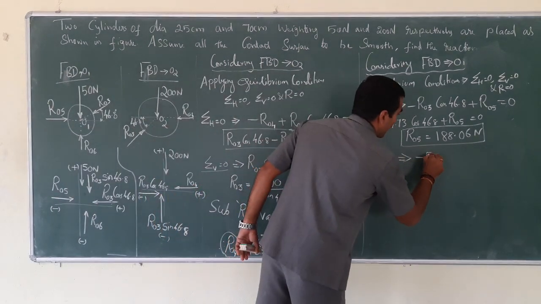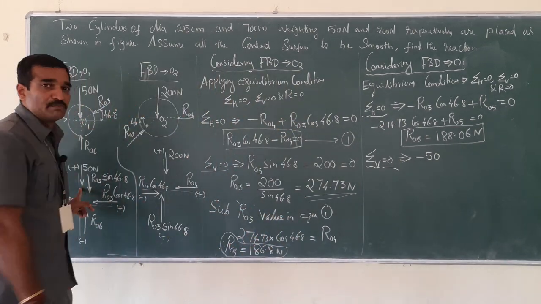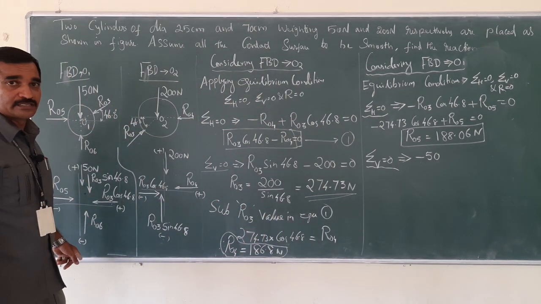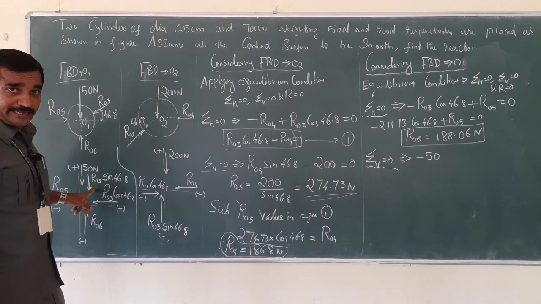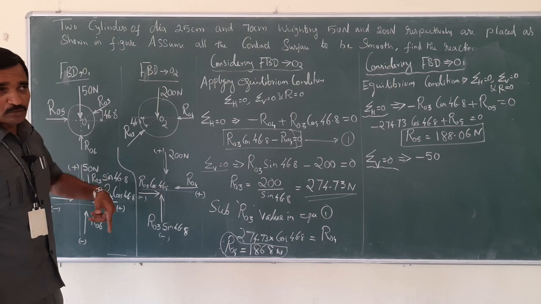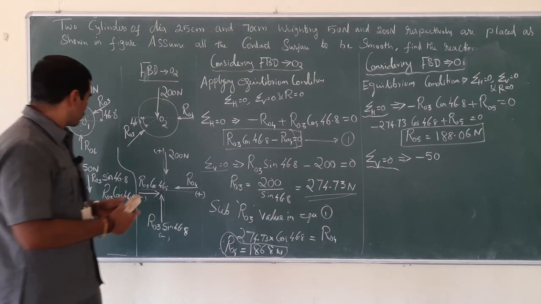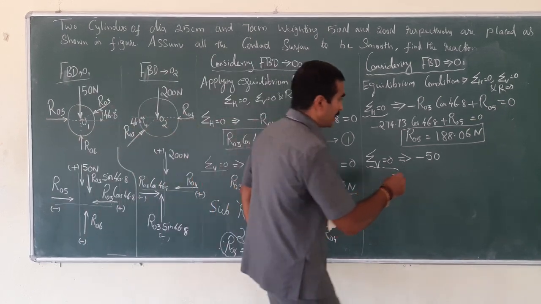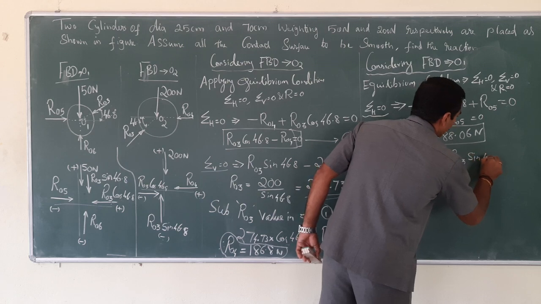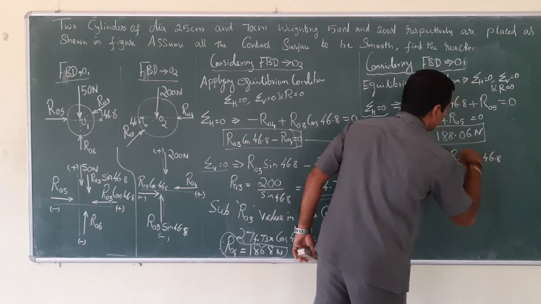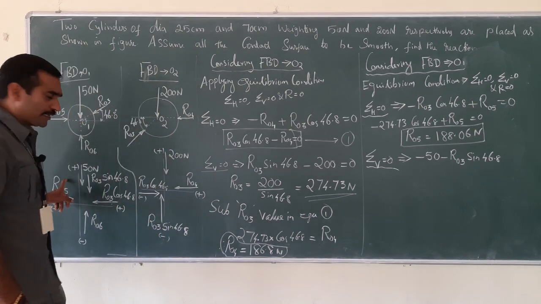The reason is the arrow is heading towards the minus y axis, therefore it carries a negative symbol. The next force, also heading towards the negative y axis, has magnitude minus RO3 sin 46.8.